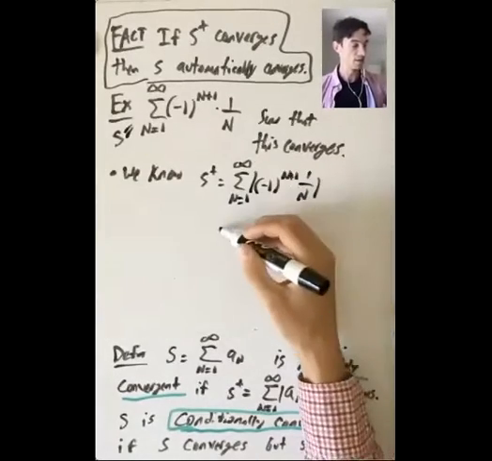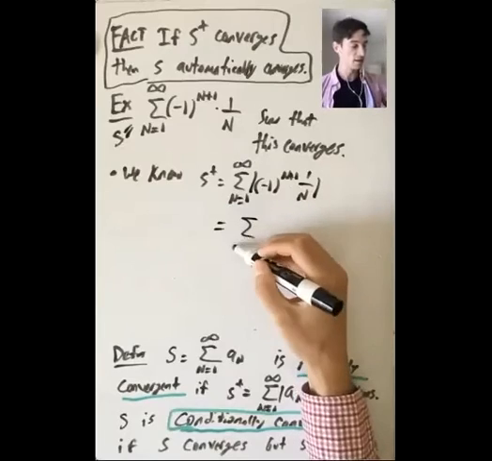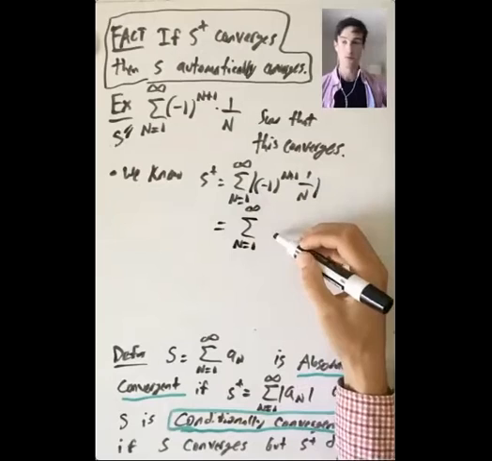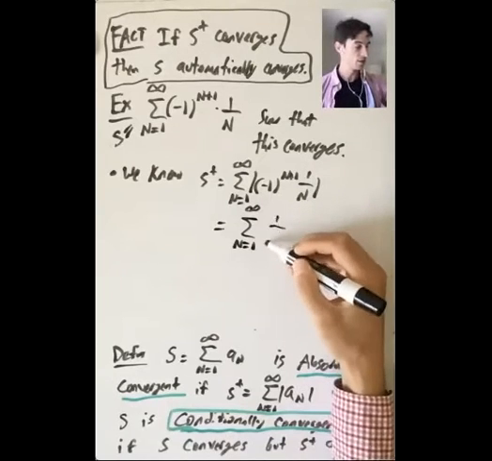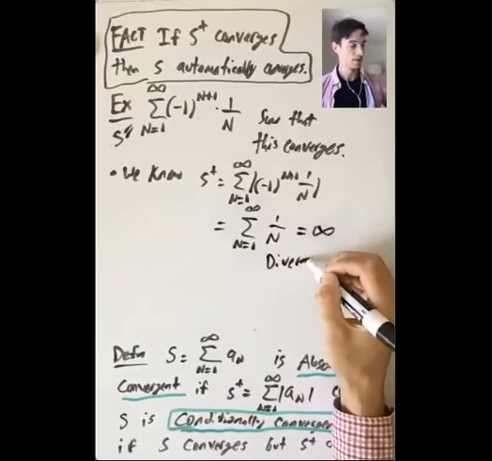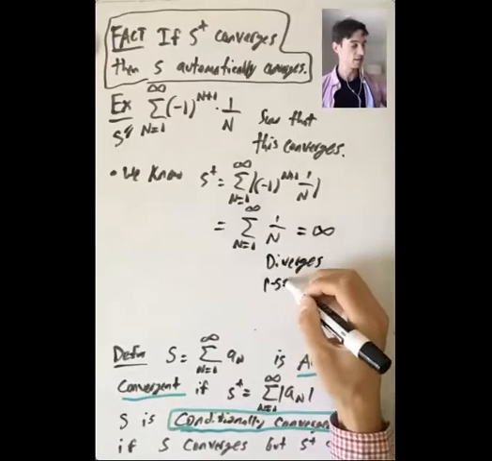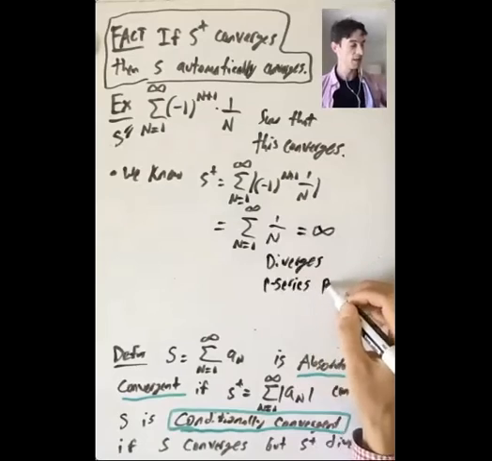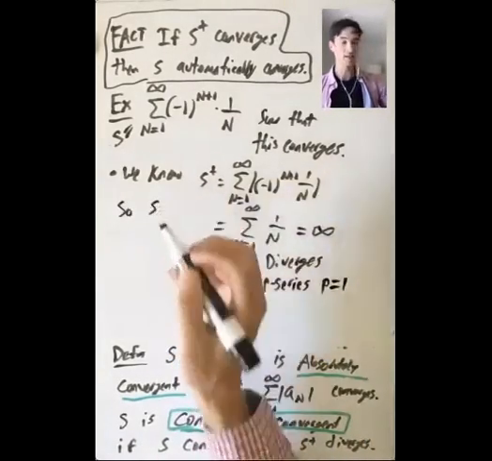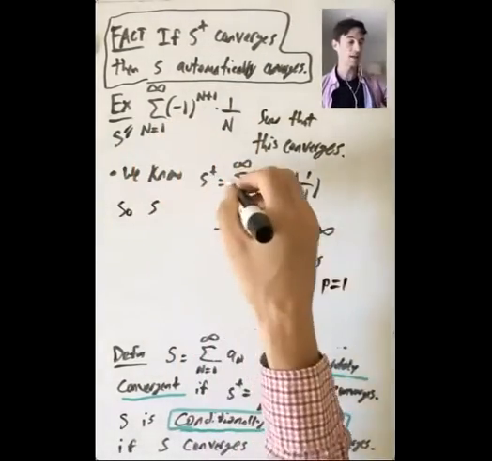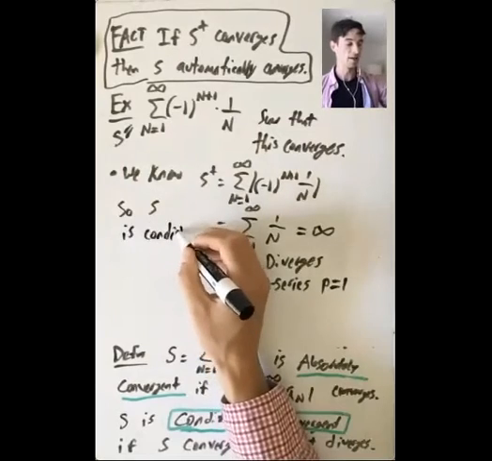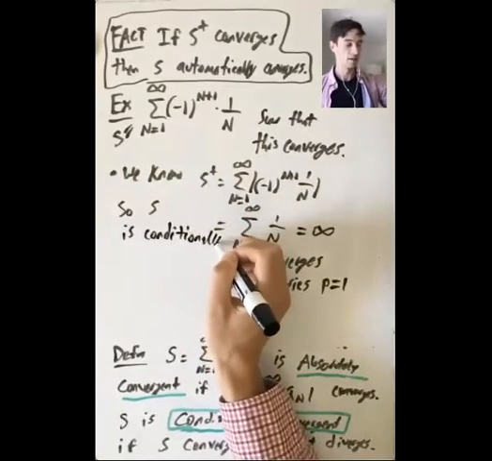All the absolute value does is replace all these (-1)^(n+1) with 1, so we just get 1 over n. And this diverges because this is a p series with p equals 1. So this series, S, converges, but S plus diverges. So S is conditionally convergent.